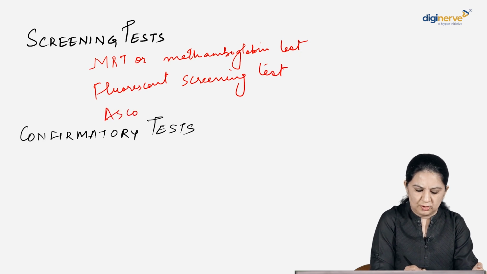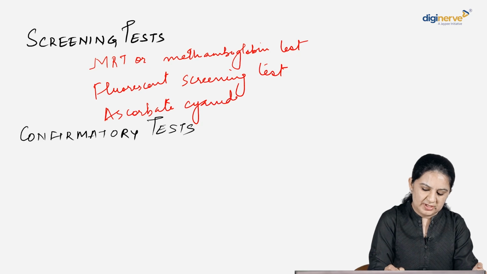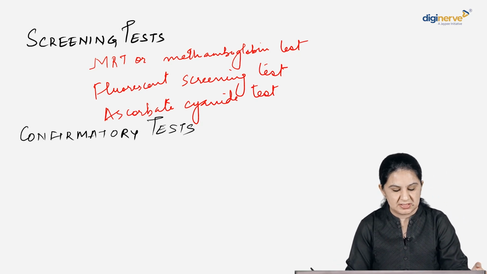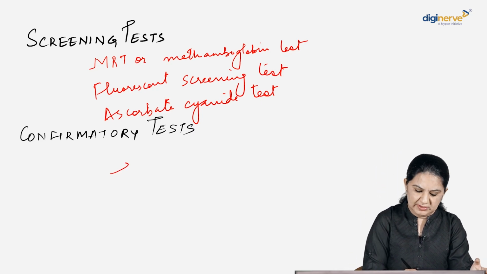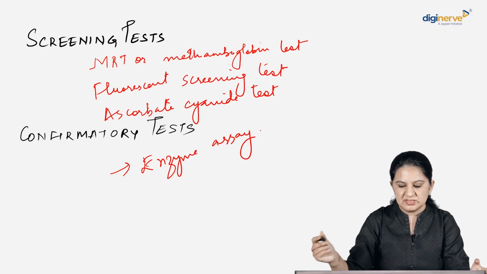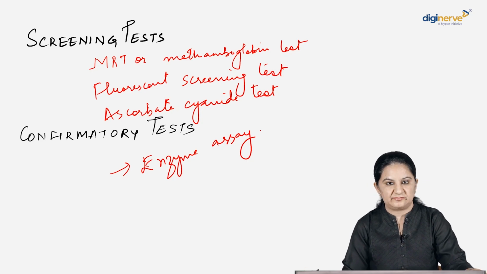Also the ascorbate cyanide test. These tests can be used for screening of G6PD deficiency. But what would be the confirmatory test? Confirmatory test would definitely be the enzyme assay. You directly measure the enzyme and you will get to know whether the enzyme is deficient or not. So this was all for G6PD deficiency.